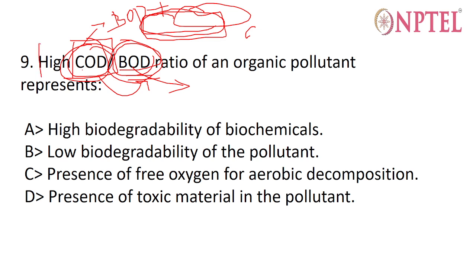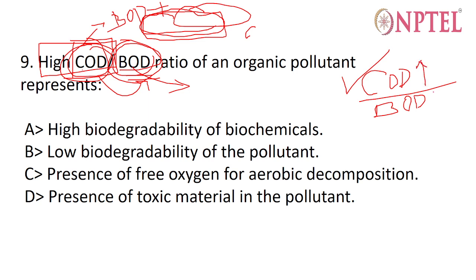So if the concentration of COD is high in the ratio, it's a ratio, right? You know the basic concept of ratio. So high COD by BOD means COD is higher, and BOD is lower. Then I will get this high ratio. Then what does it mean?